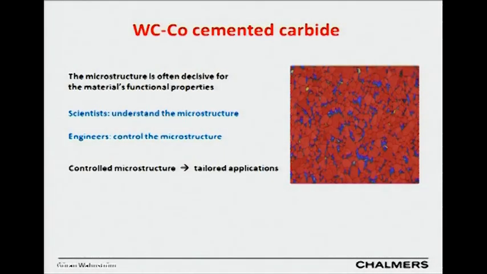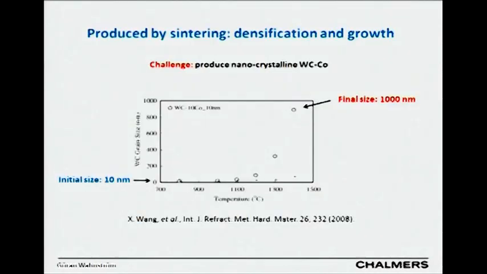It is produced by liquid phase sintering: you take a powder and increase the temperature, and then you get densification, and you can also have growth. Particularly if you would like to produce nanocrystalline materials with very small grains, you would like to control the grain growth.